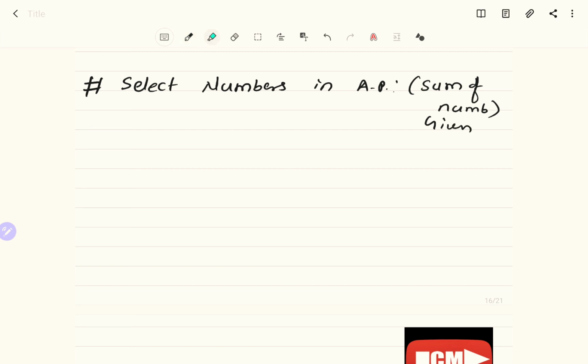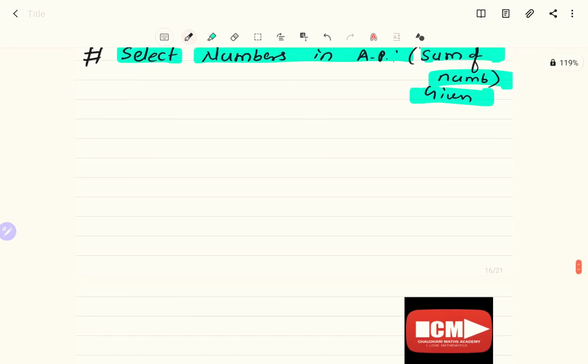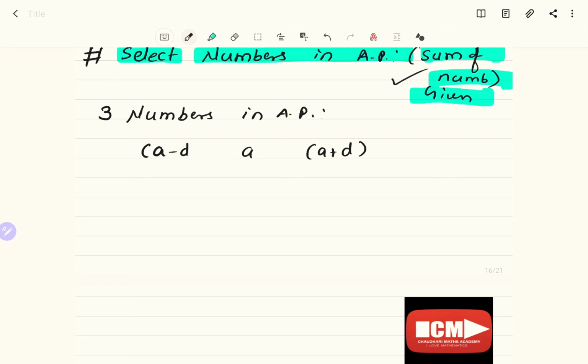This is just a brief revision of the problems that you solved under arithmetic progressions in previous classes. So if it is a question of three numbers in AP, friends, how will you select those three numbers in AP if the sum is given? Please select in this order: a minus d, a, and a plus d.